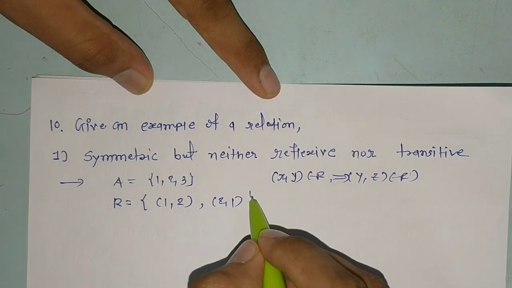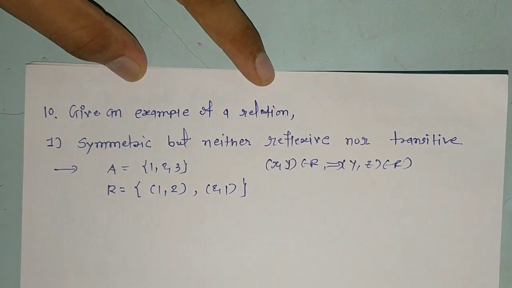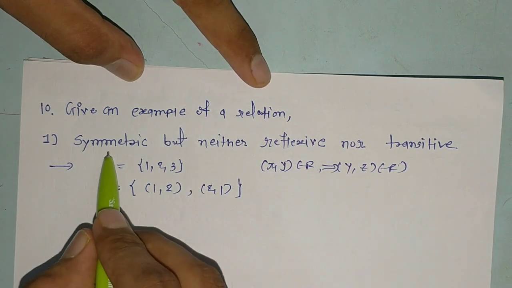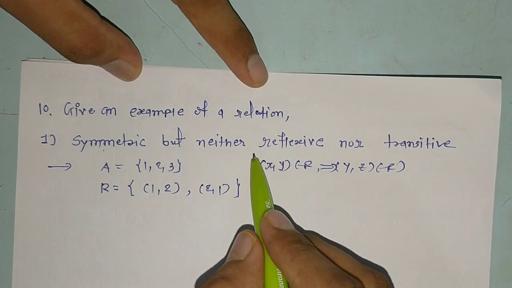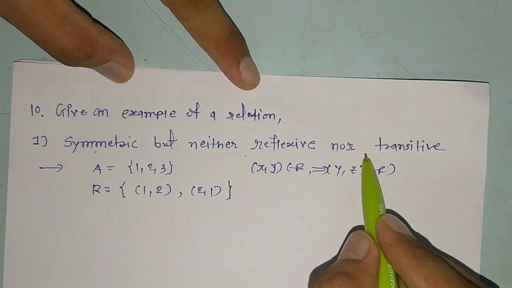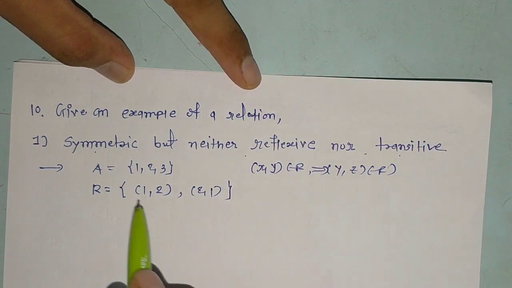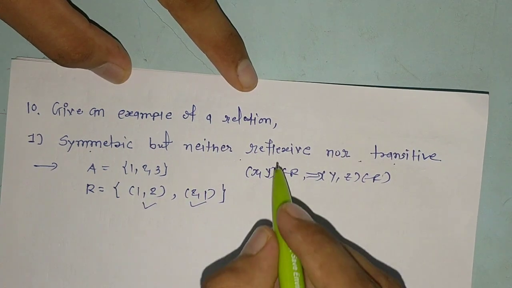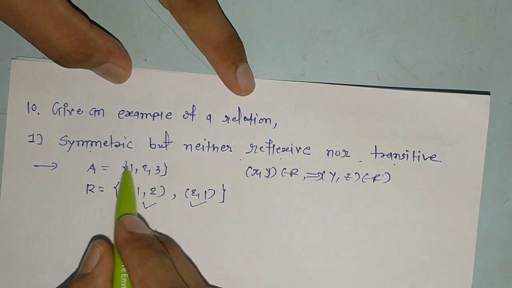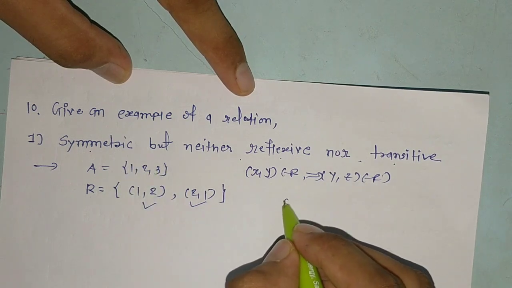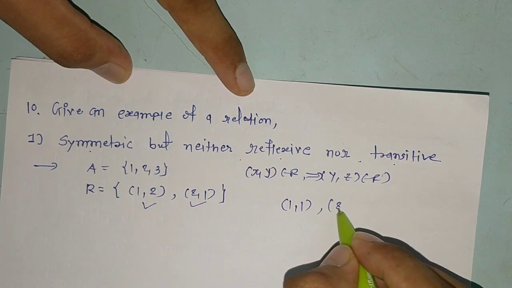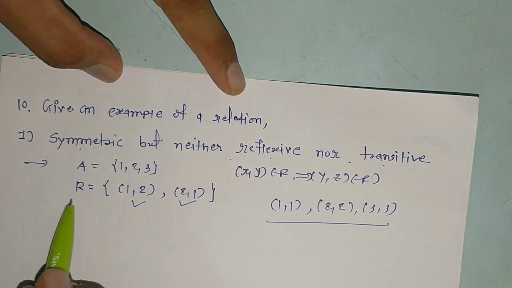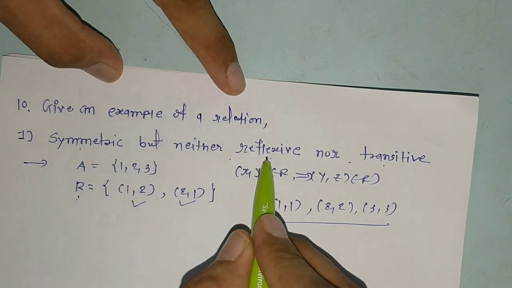Now I am finishing my relation, because I have to form a relation which is symmetric but neither reflexive nor transitive. The relation is symmetric, yes, but by the definition of reflexivity, for all the elements of A there must be (1, 1), (2, 2) and (3, 3) in the relation, and only then can I say that R is reflexive.